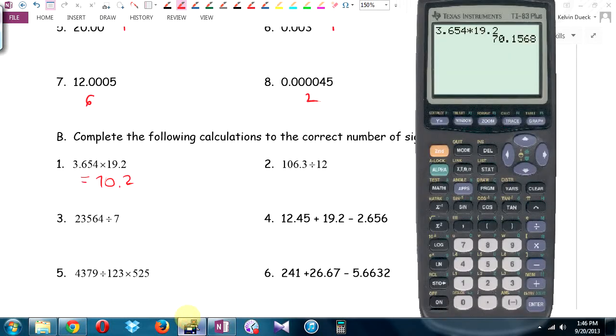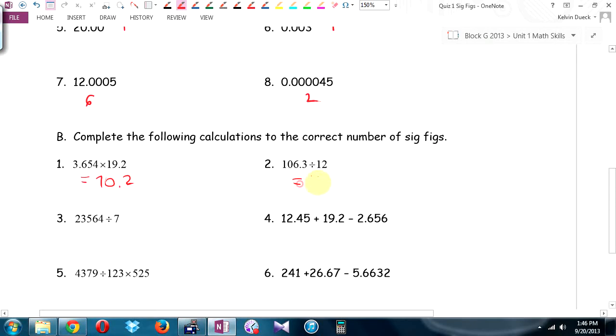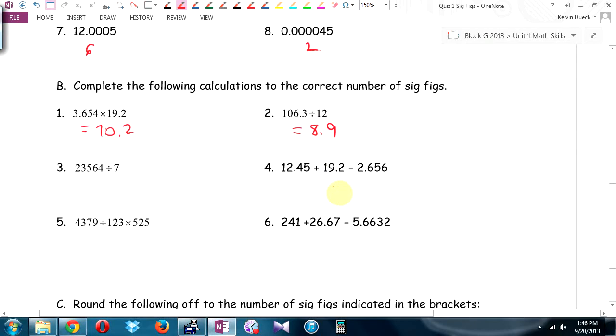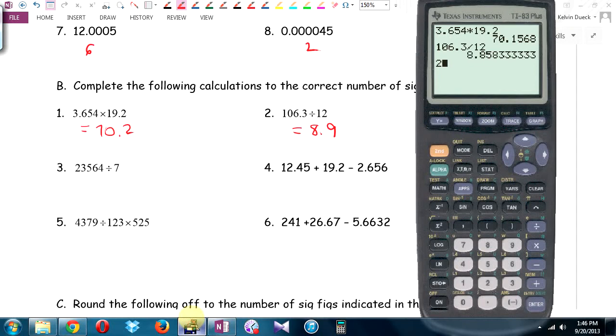Number 2, 106.3 divided by 12. I get that. 4 sig figs, 2 sig figs, 2 sig figs, 8.9. Number 3, 2,3,5,6,4 divided by 7.